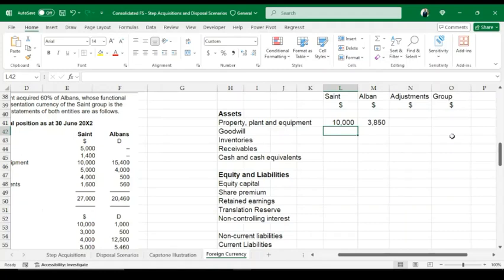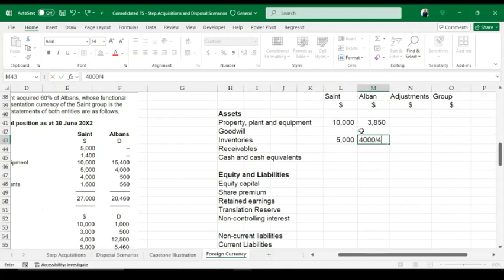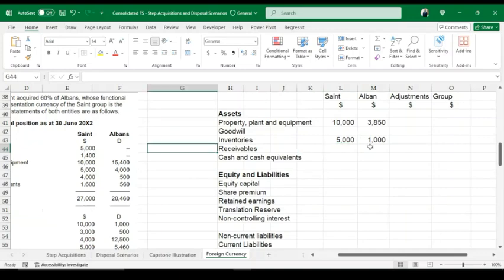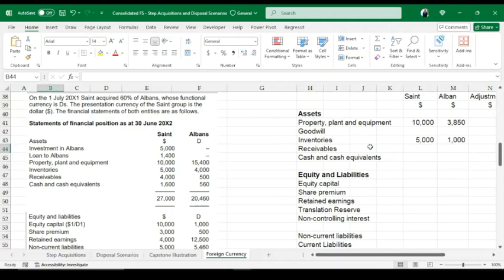Goodwill, we know that it's going to be a calculation, so we leave it. Inventories, what are our inventory values? For inventories, we have $5,000 for Saint, and then we have D4,000 for Alban, but this is going to be translated, so divided by 4, and that will be 1,000. We will still leave the adjustment for now.